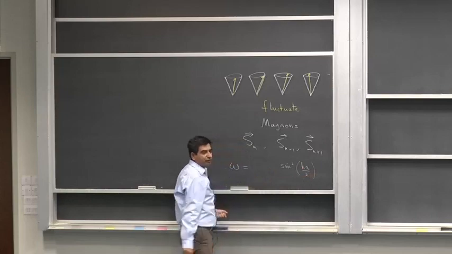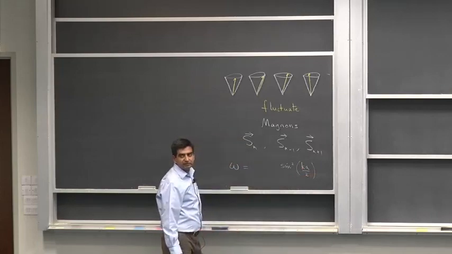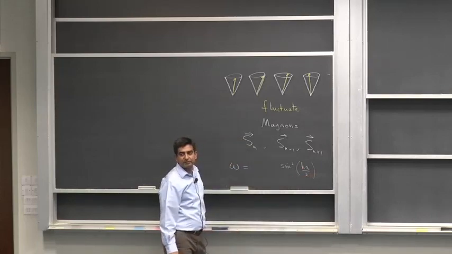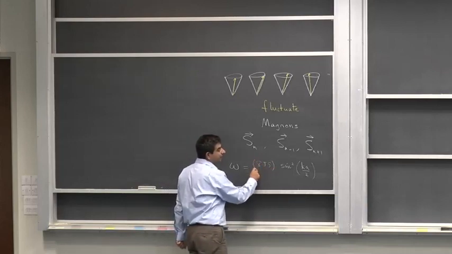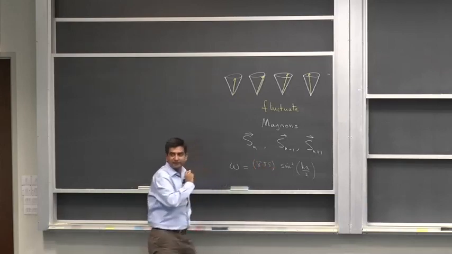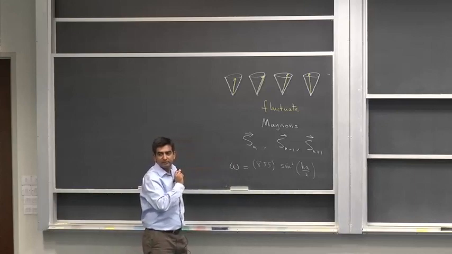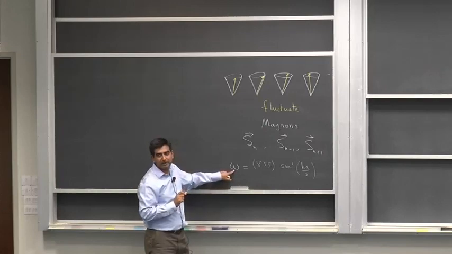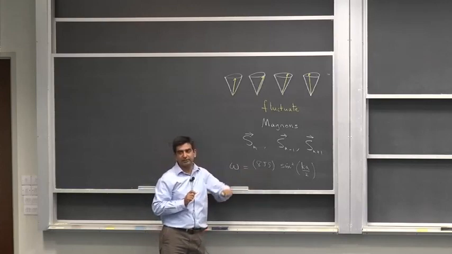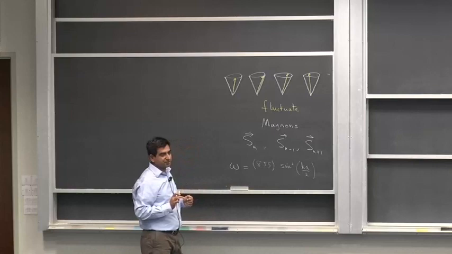What's the proportionality constant? 4Js? 8Js. Is this omega square? This is omega is 8Js into this. So this is the dispersion relationship.